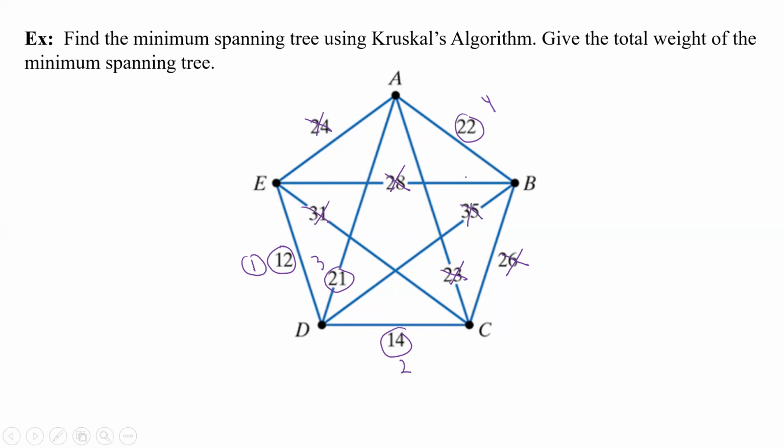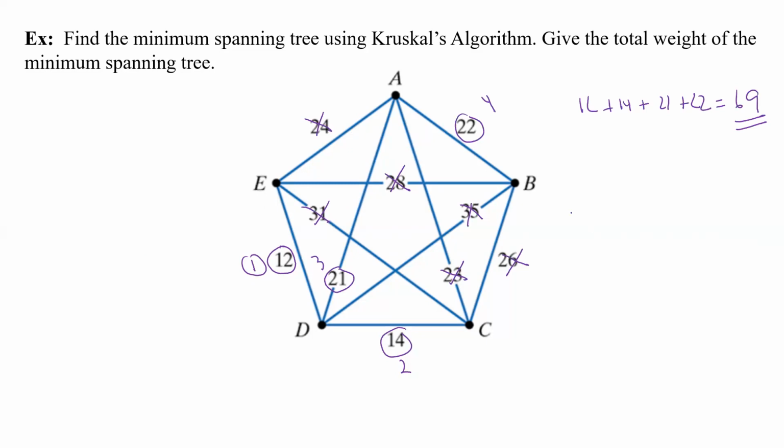So it looks like we have a 12, a 14, a 21, and a 22. That gives us 4 edges. That should be good. So 12, 14, 21, 22 gives us 69. Our weighted total would be 69.